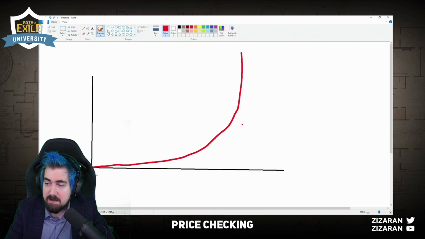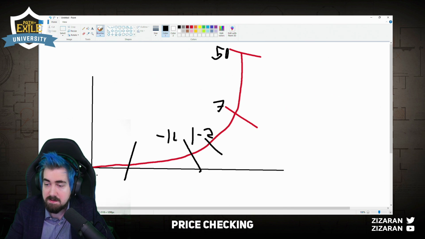So something that's here could be barely better than here, but here could be like 50x, and this could be like 7, and then you could have decent items here at like 1 to 2x, and your budget items are in this bracket, so like sub 1x.